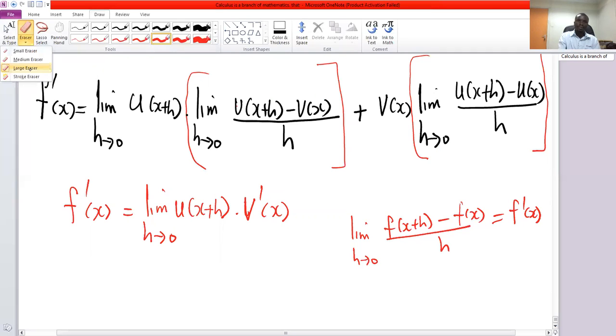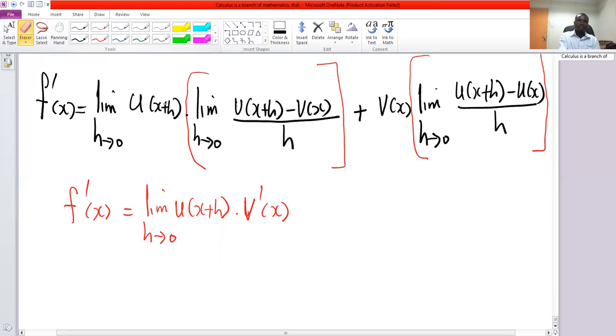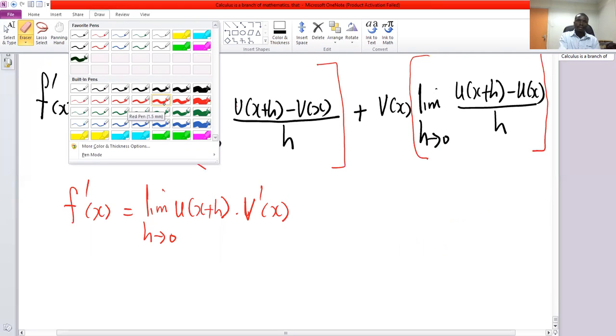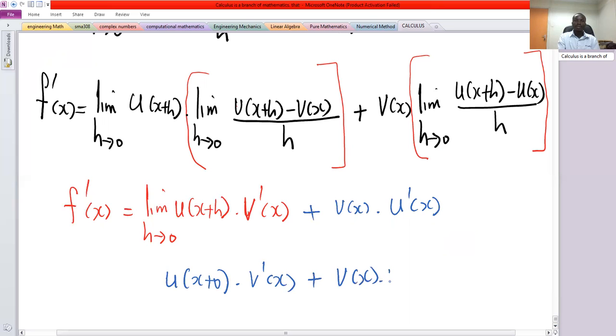Similarly, the other part will have v of x plus v of x times, this is just u prime of x. And you see this limit here will be the same as u of x plus 0 times v prime of x plus v of x times u prime of x.